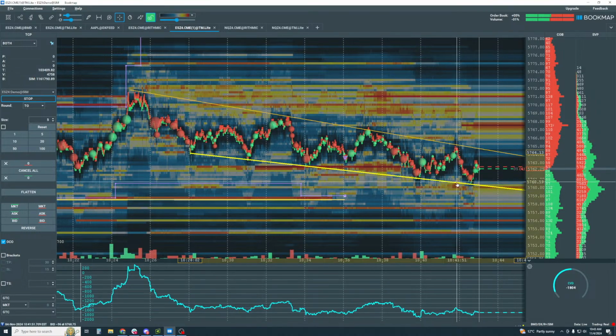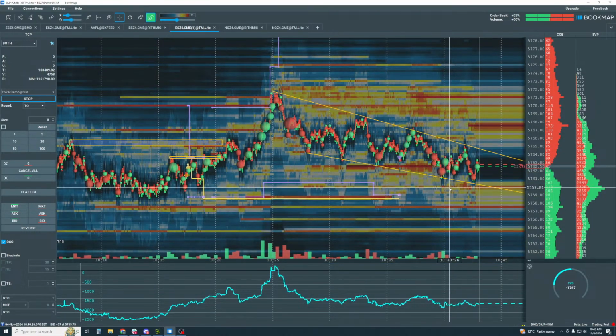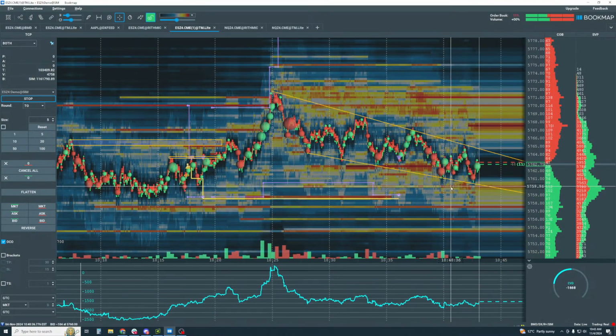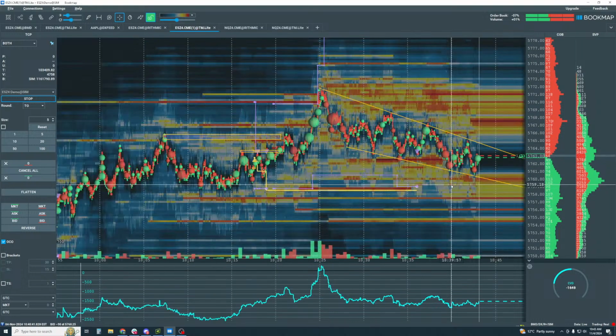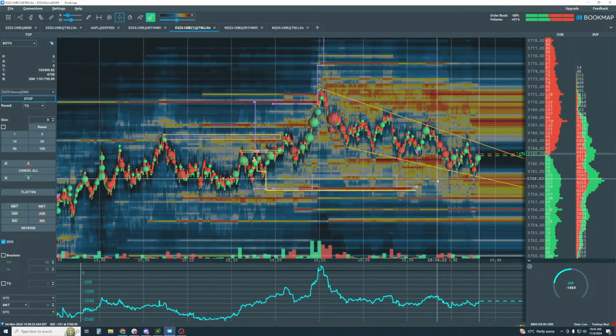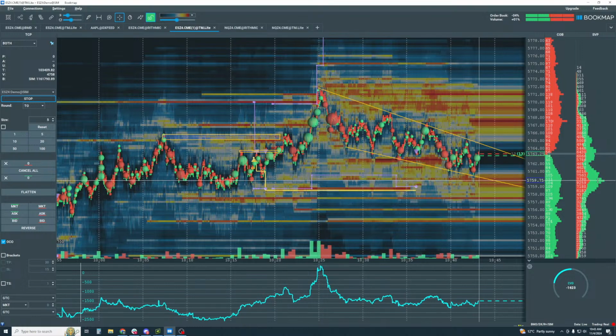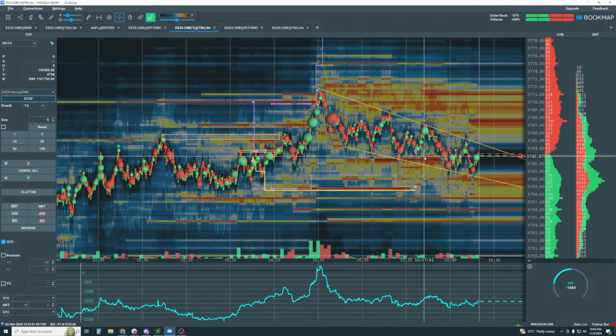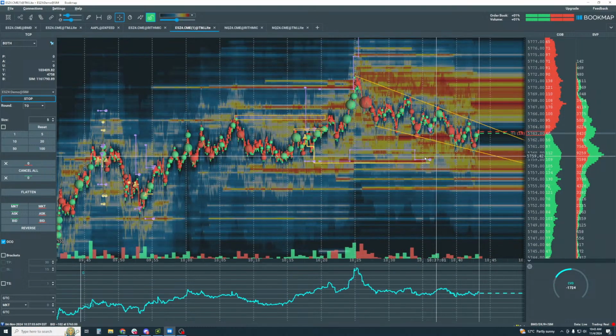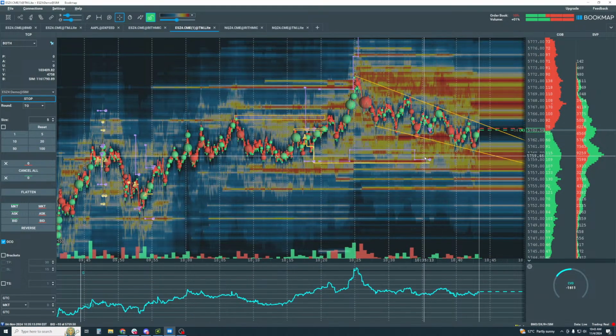Okay, as we mentioned earlier, we are above point of control, and we know this is what is considered value by a lot of traders. We also know VWAP is value for a lot of traders, institutional traders.